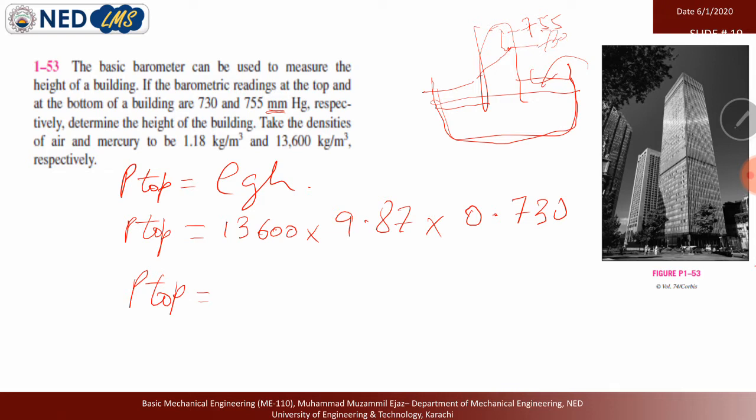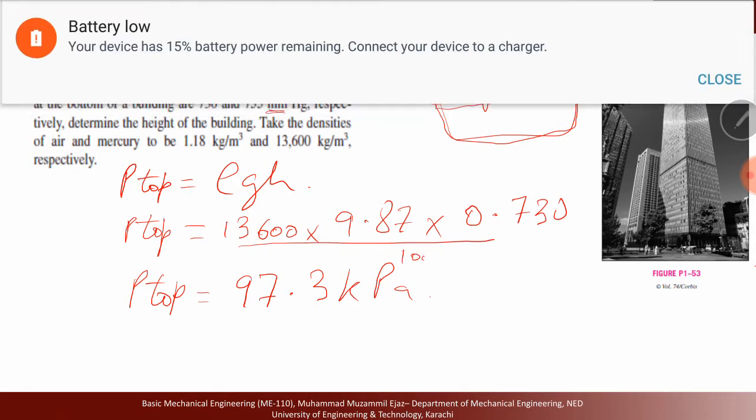Calculating this, we get the answer 97.3 kilopascal. This reading is in Pascal, so we divide by 1000 to get kilopascal.